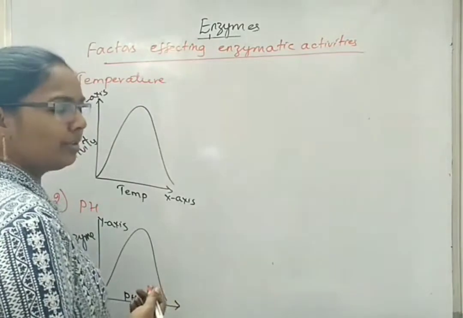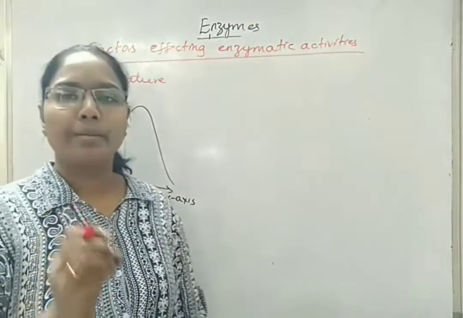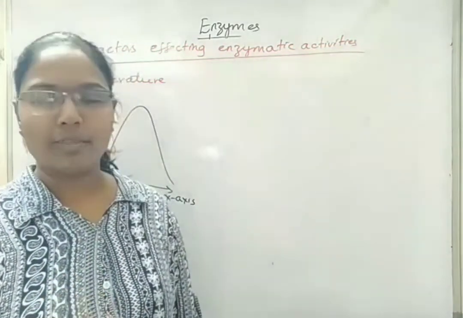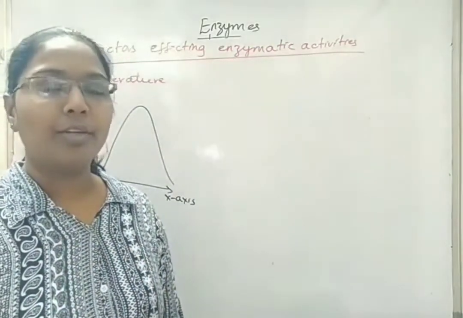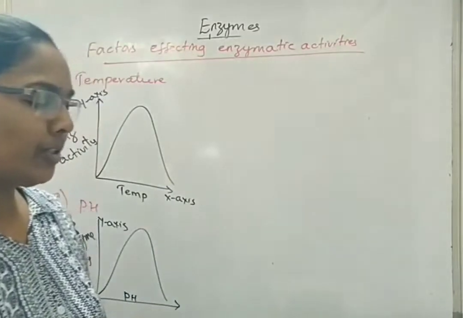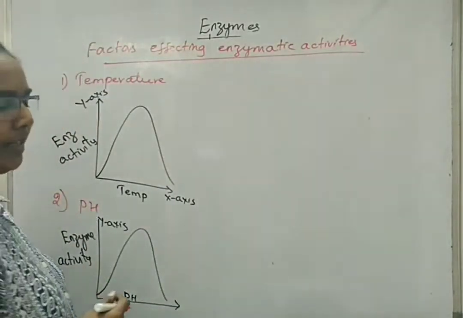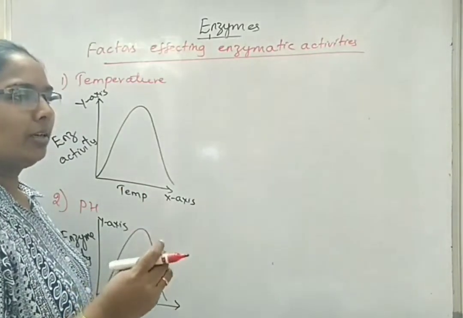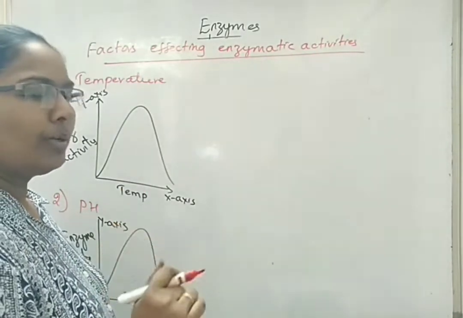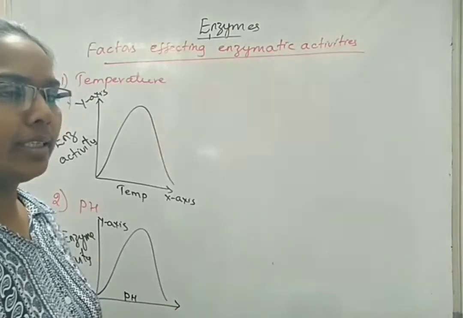As I have told you before, enzymes are active between 25 and 40 to 45 degrees of temperature, but they get denatured above 45 degrees and are inactive below 25 degrees. What about the human body? We have 36 to 37 degrees of temperature.